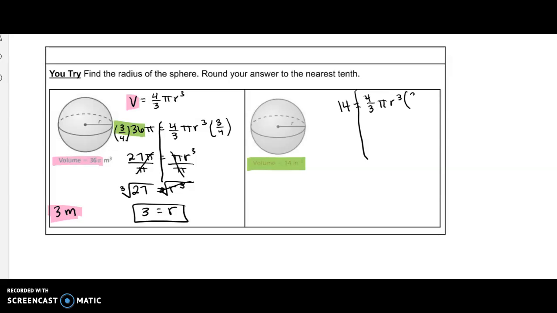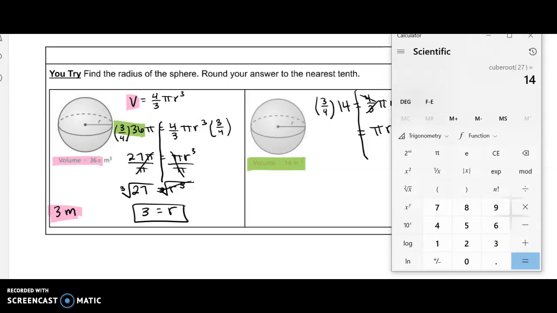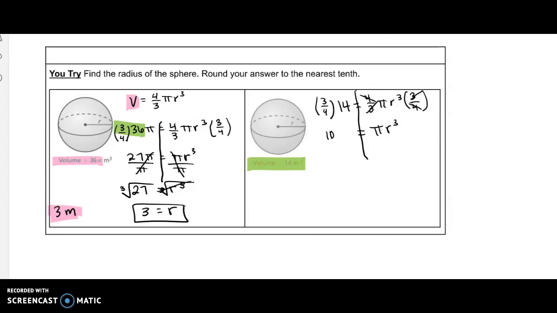So we have to multiply by 3/4 on both sides. That cancels our fraction. So we have pi times your radius cubed equals 14 times 3 divided by 4 is 10.5.